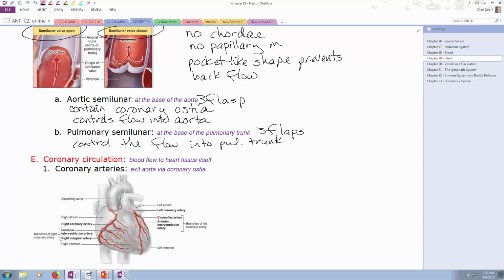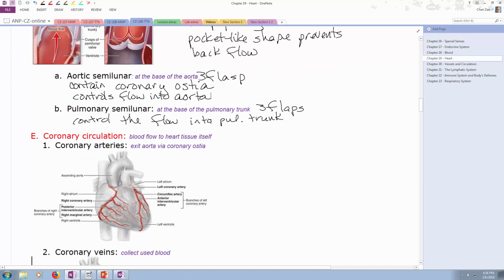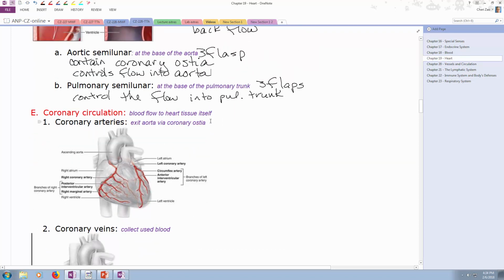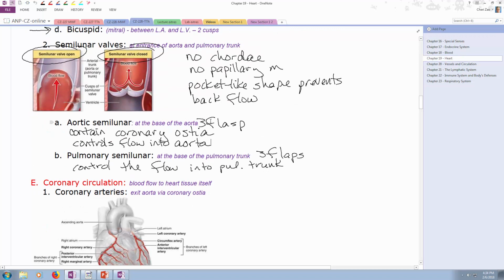So there's all kinds of reasons for actual backward blood flow, and the reasons are always going to be related to valve failure. The valves are failing to do their job, which is actually to prevent backflow. So realize the aortic, all of our semilunar valves are like pockets, pocket-like shape.